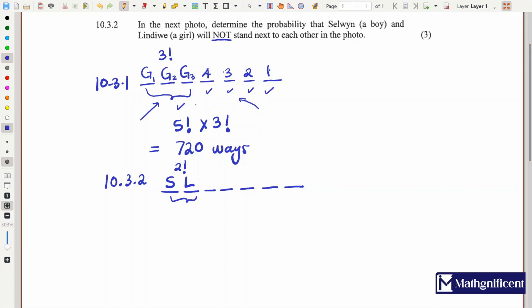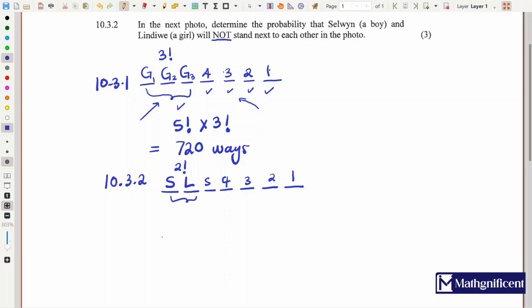Now, how many friends am I left with? I'm only left with 5. So it's 5 here, then 4, 3, 2, 1, right?